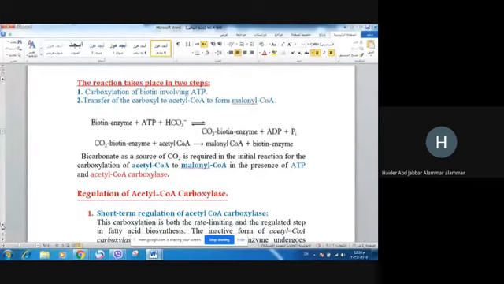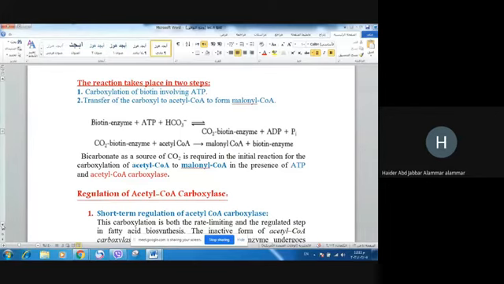This is the two-step reaction of formation of malonyl coenzyme A. The first step is carboxylation of biotin involving ATP: biotin enzyme plus ATP and bicarbonate form carbon dioxide-biotin enzyme plus ADP and inorganic phosphate.